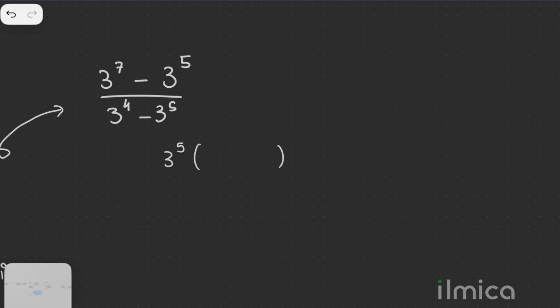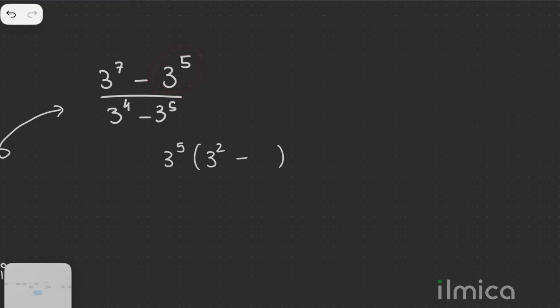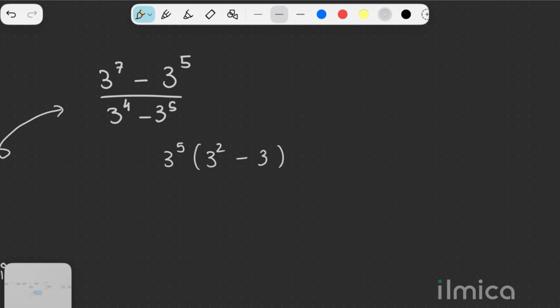And again, remember, the first term we had was 3 raised to the power 7. So I will write down the remaining power with 3, which is going to be 3 raised to the power 2. Then we will copy the negative sign, and then instead of 3 raised to the power 5, we will write down 3 raised to the power 0, because we have already written down 3 raised to the power 5 outside.